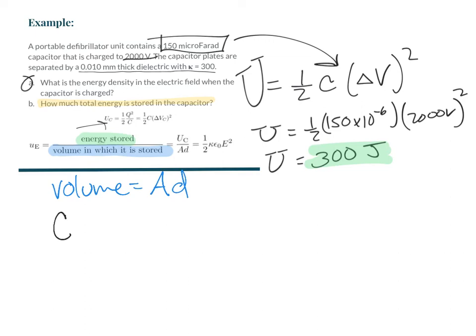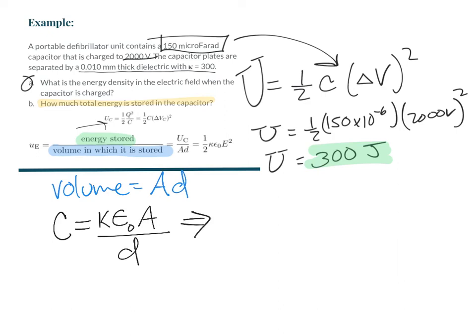The formula for capacitance in a parallel plate capacitor equals dielectric constant K, or kappa, times epsilon naught times the area divided by the distance. We have all of these values except the area, which is what we're looking for.